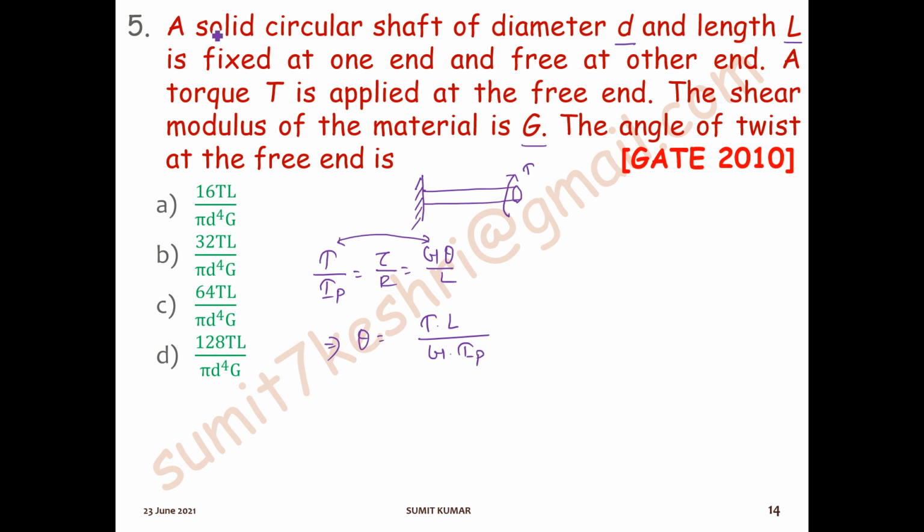Since it is a solid circular shaft, the polar moment of inertia is pi d4 by 32. So it will be 32 TL by G into pi D4. So option number B will be your right option.